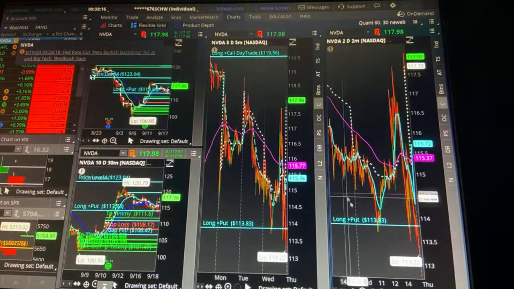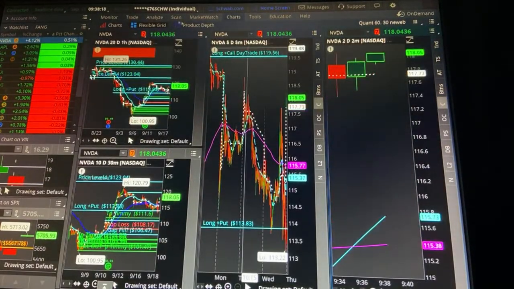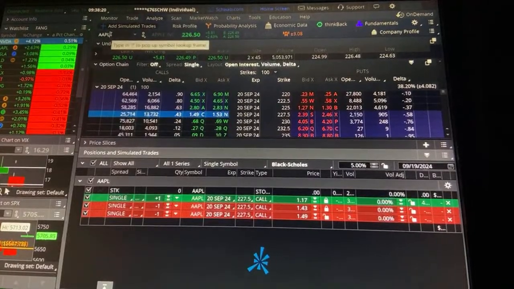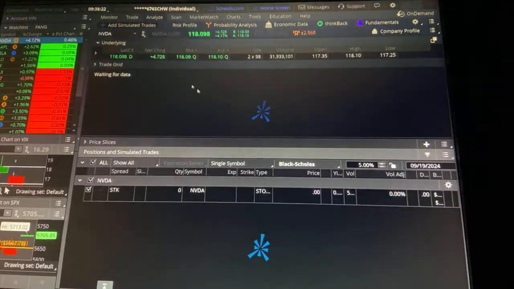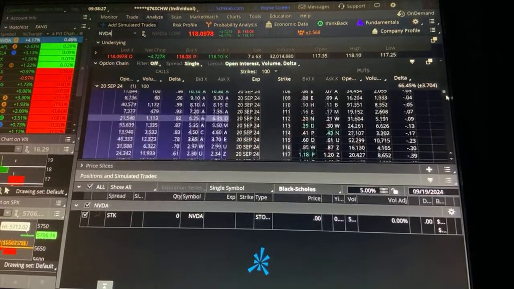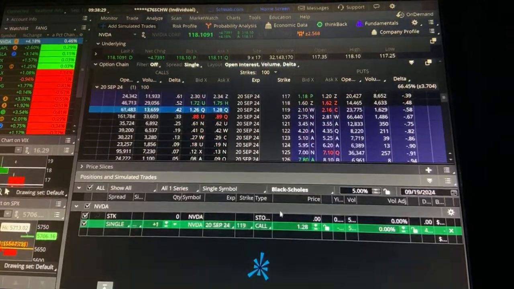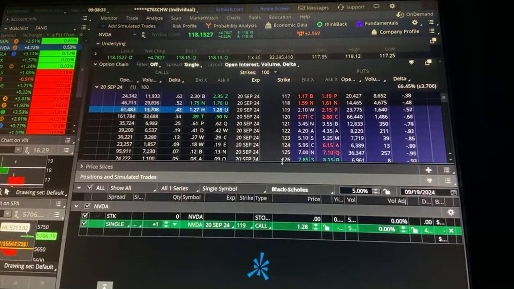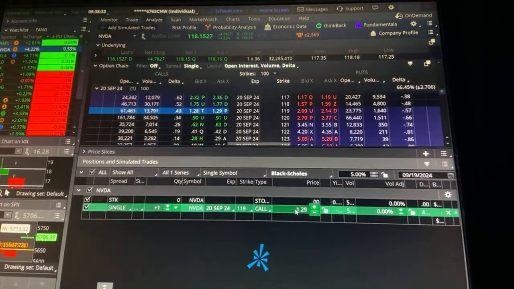Hold on, I'll put the chart up, but NVIDIA is giving us that setup. NVIDIA long call, hit it. Long call day trade. Tomorrow's expiration, just a day trade. Pick up the 119s for 1.28. 119 strike, going for about $1.28 here. Long call NVIDIA.